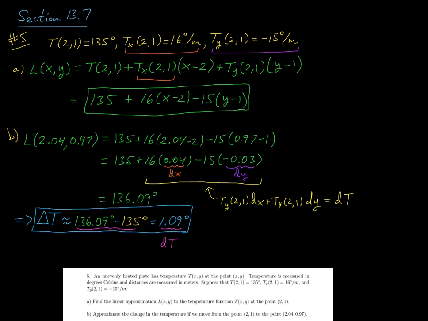And this 135 wound up getting subtracted anyway, so this is all just coming back to this idea of differential change, which is telling us the change along that tangent plane approximation. All right, great. Well, let's stop there. That does it for this question.